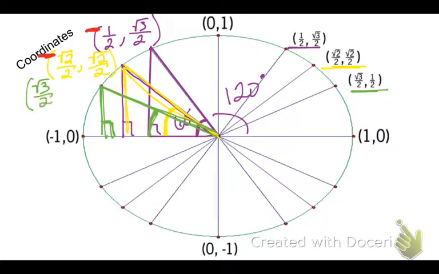Square root of 3 over 2, comma, 1/2. But again, we're in the second quadrant where the x values are negative. Notice all I did was reflect these points across the y-axis.